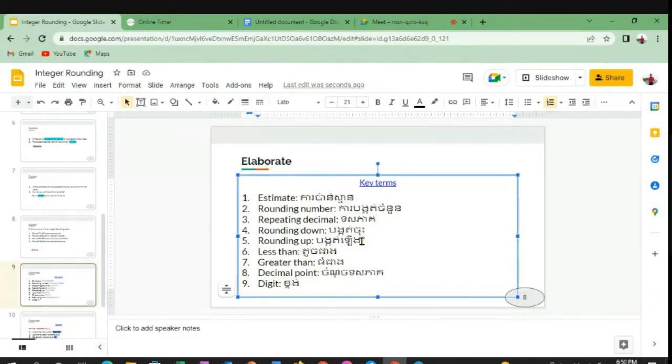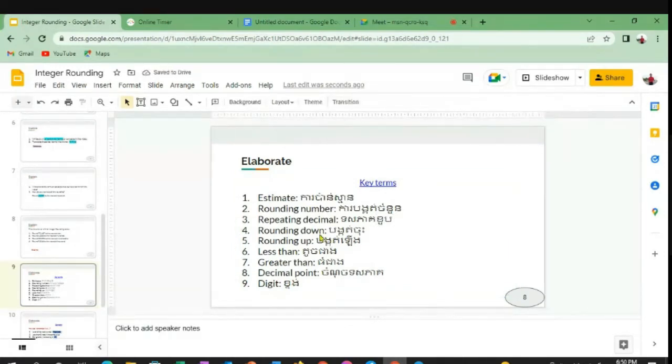I'm not clear about this, teacher. Repeating means placing again. Rounding down, rounding up, less than, greater than, decimal point, and digit. So our key terms are 9.